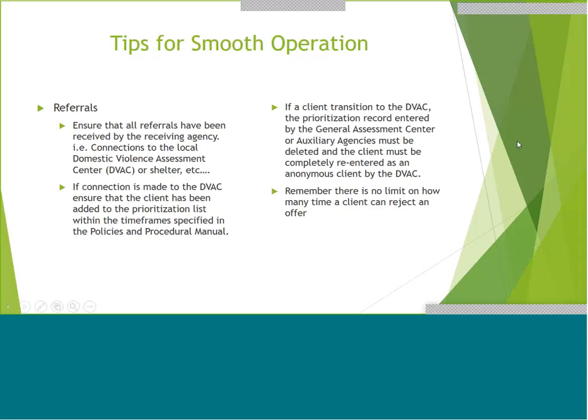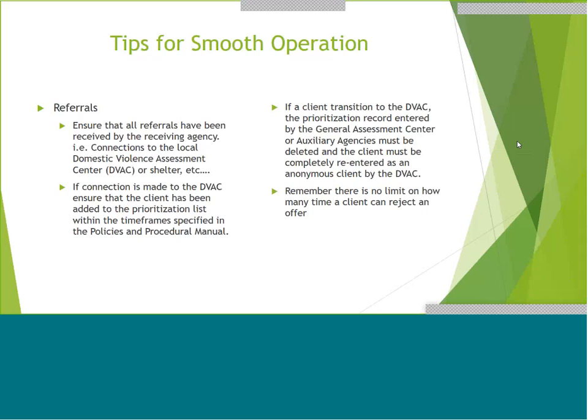So when we're making these referrals and we're connecting our clients to other providers, we want to ensure that all the referrals have been received by the receiving agency. So for instance, if we are connecting the client to a domestic violence assessment center, we'll want to call and make sure that client reached the facility and that they were able to be assessed and properly placed on the list.